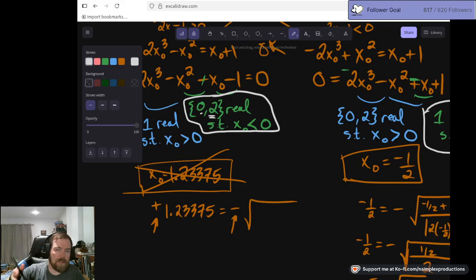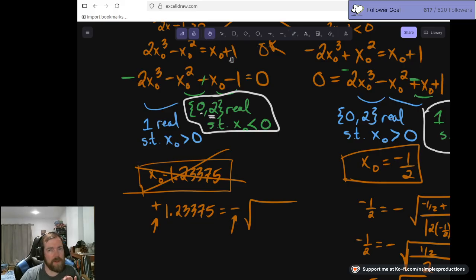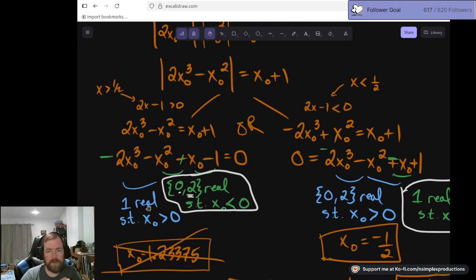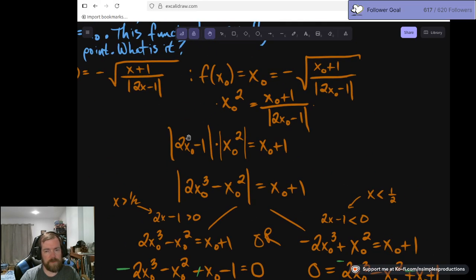So looking at this, if you have 2 real numbers for which this works, something else must be breaking it. And likely, if we ended up with 2 real negative numbers that fit, it's possible that one of them could have broken the other rule that we had, that the absolute value of 2x minus 1, or 2x minus 1, had to be greater than 0.